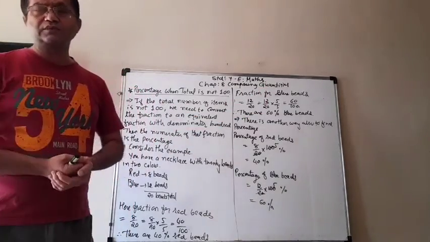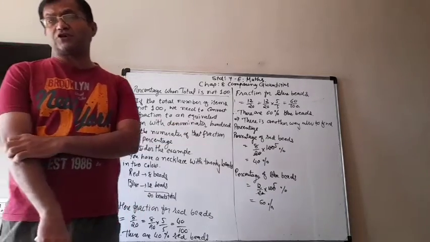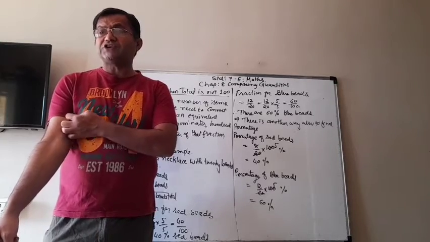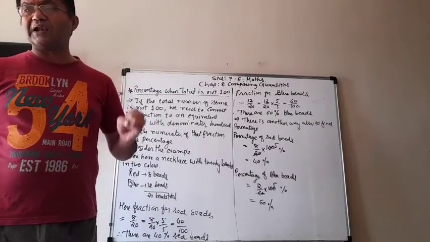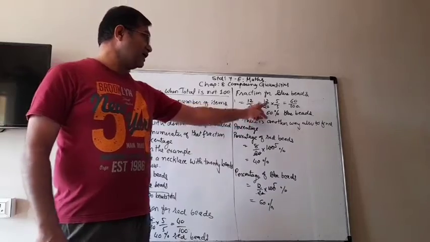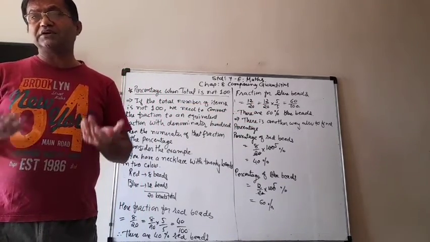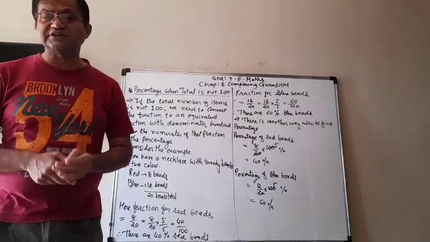Next color is blue. How many beads are there? There are 12 beads of blue color. So the fraction is 12 upon 20. Now, we have to convert it into a fraction with 100 as the denominator.